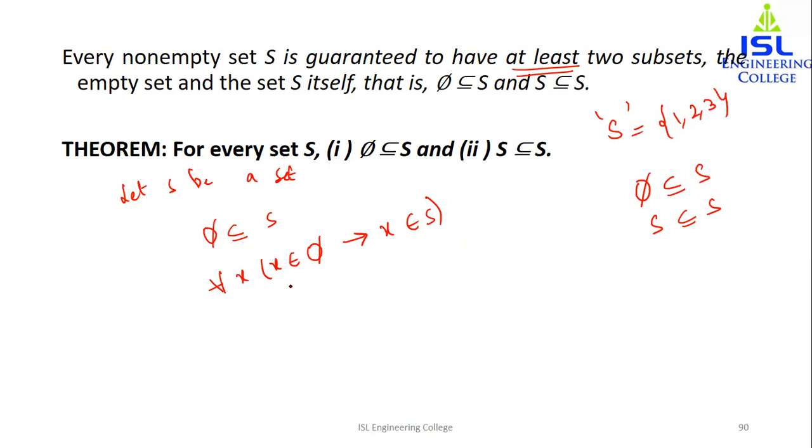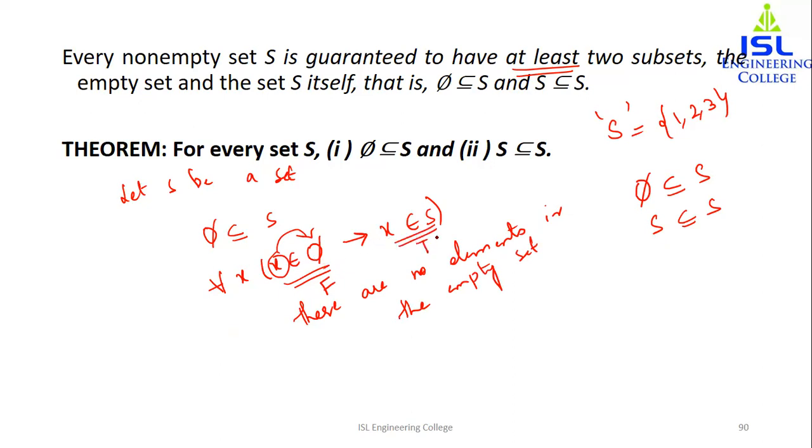Because the empty set contains no elements, X can't belong to the empty set. There are no elements in the empty set. That is the reason this part is false. Now this part is false. Whether this other part is true or false, it can be either.